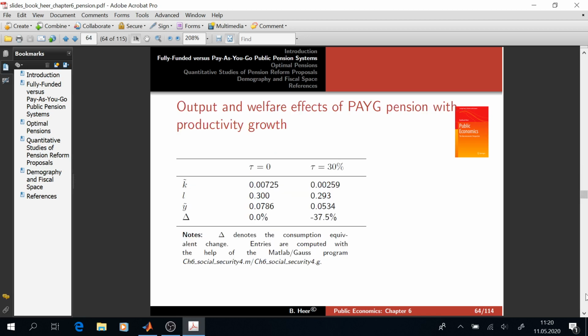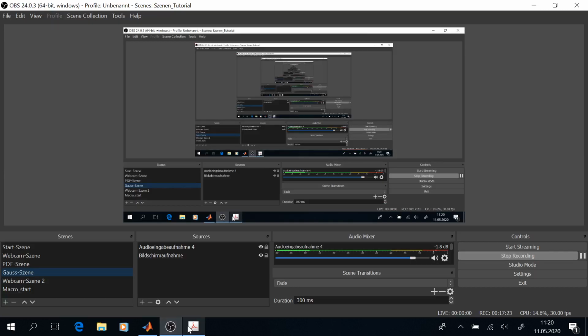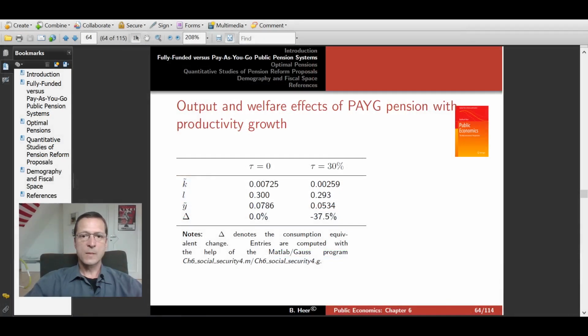And the results are presented in the following table, which is table 6.4 in the book.